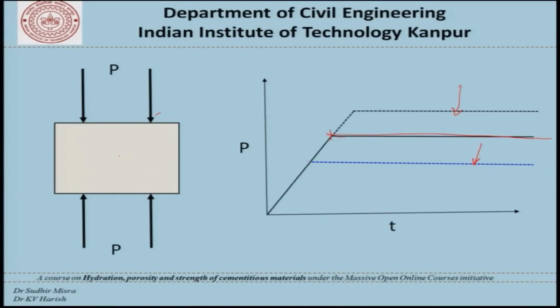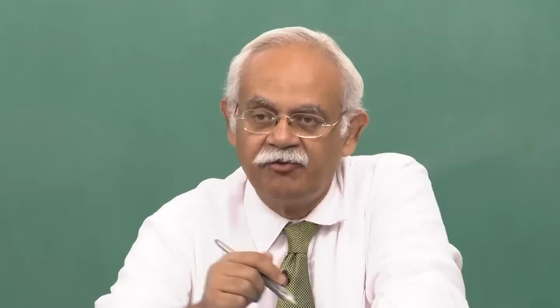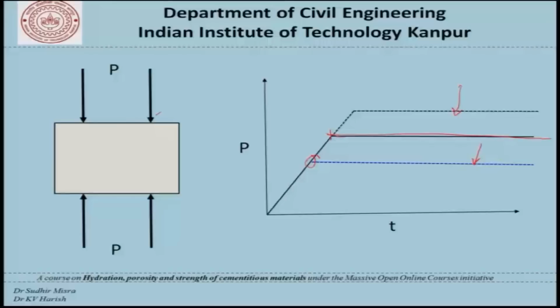Do we expect the strain to not increase or decrease and remain at the level at which it was measured when the load was initially reaching this level or this level or this level? Now this is the idea of a sustained load. Now the action under sustained load is something different than under a monotonically increasing load.